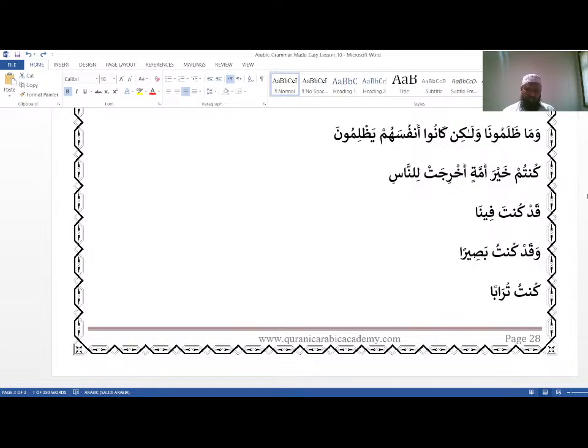But for now, we just remember if the middle letter is alif, it is Ajwaf, and this is how we conjugate. For some from the Jama Muannas Ghaib Sigha, the first letter will have a Dhamma, and for some the first letter will have a Kasra, for example, the Fi'l Ja'a will have a Kasra.